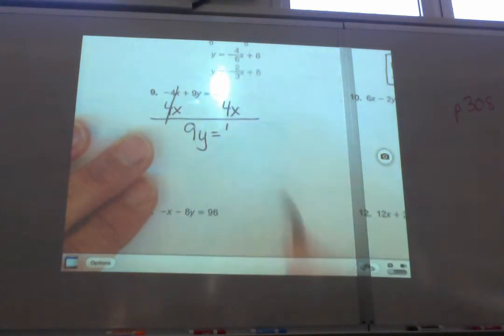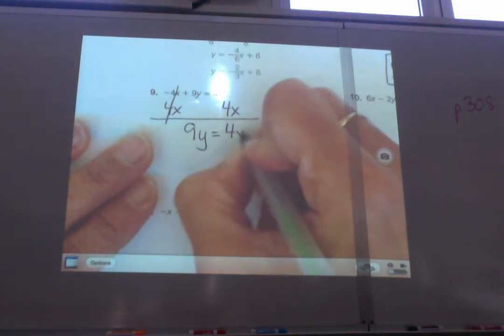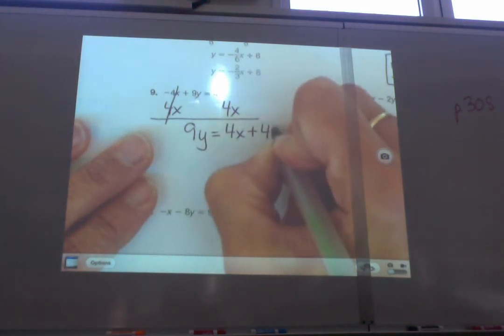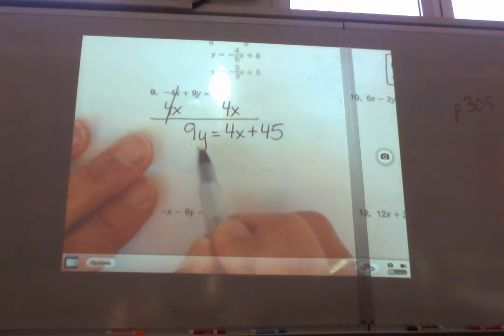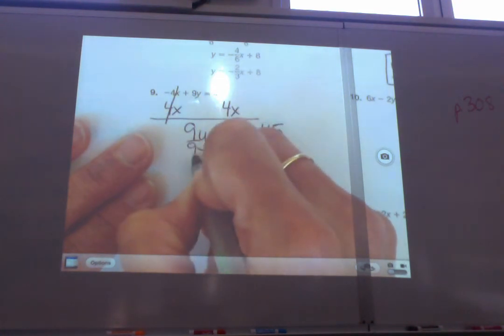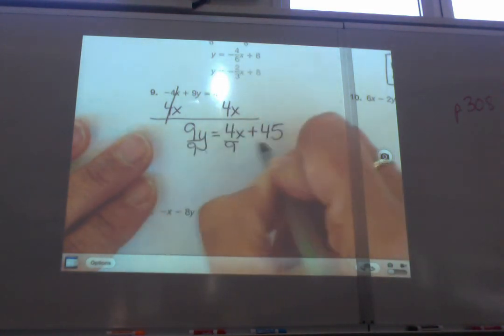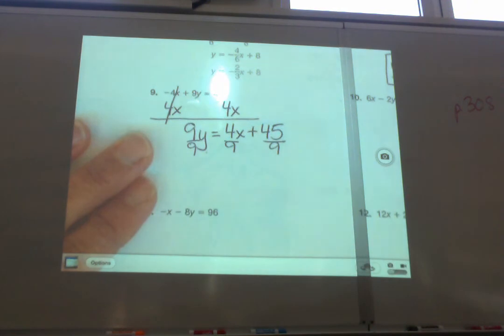How do I write this 45 and 4x now? 4x put in front of that. 4x plus noodle. Okay. Now I have a 9 in front of the y. Divide by 9 here. Divide by 9 here. Divide by 9 there.